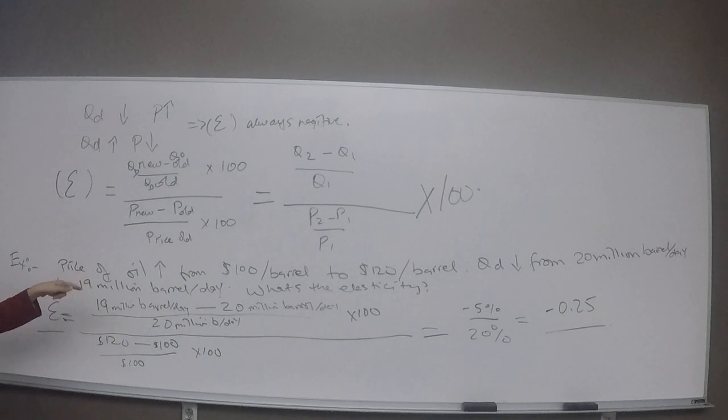So price of oil increased from $100 per barrel to 120. Quantity demand decreased from 20 million barrel per day to 19 million barrel per day. If you notice, quantity demand didn't change that much compared to the price. Why? Because it's oil. So even though the price went up, people still need to buy gas and oil.